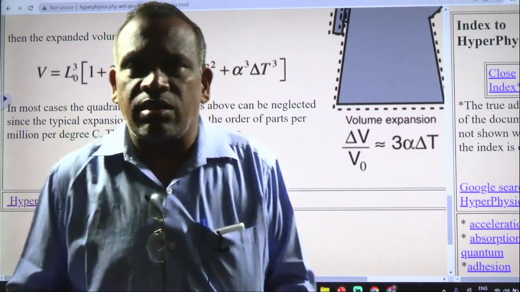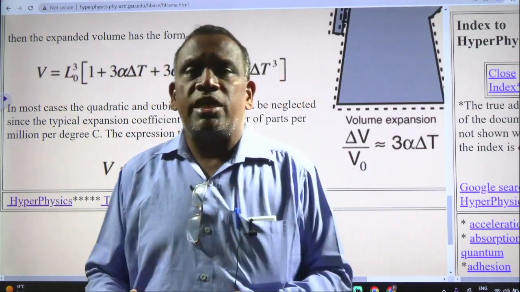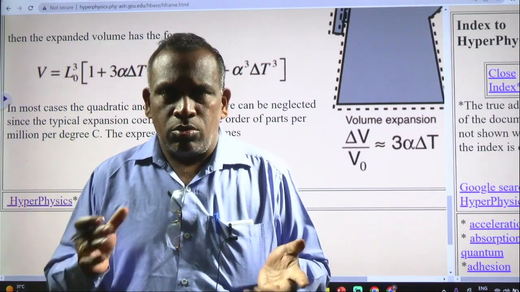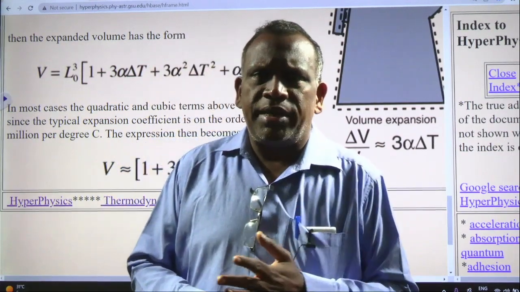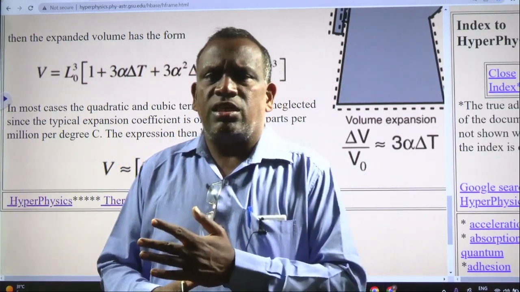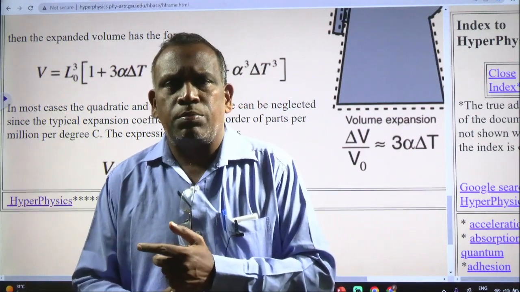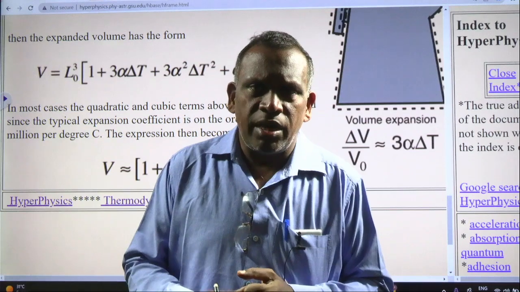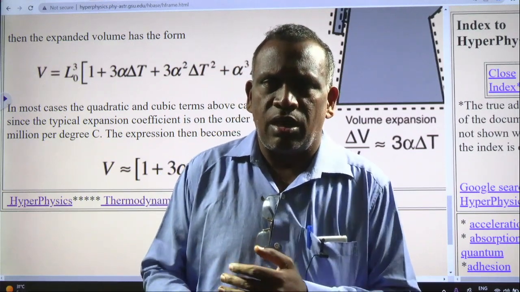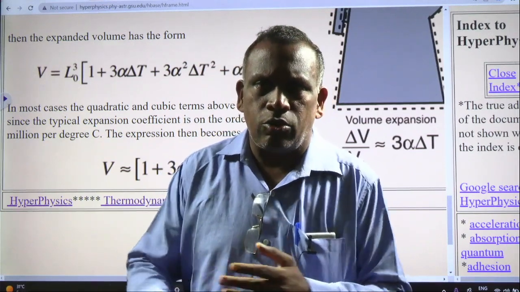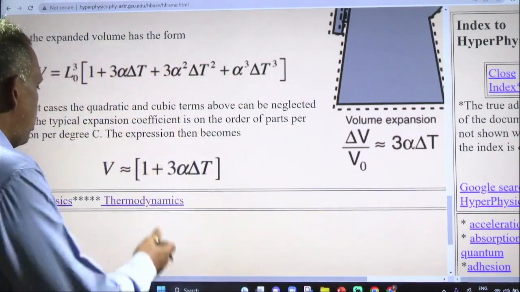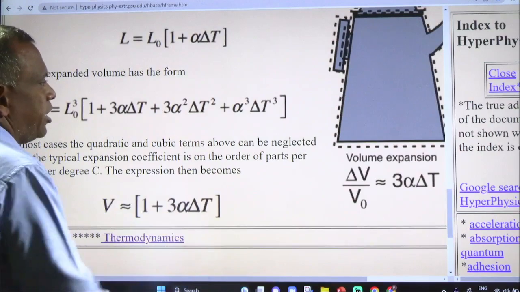That constant is called the coefficient of cubical expansion. So alpha, beta, gamma are the three constants. Alpha is the coefficient of linear expansion, beta is the coefficient of areal expansion, and gamma is the coefficient of cubical expansion. Alpha is to beta is to gamma is equal to 1 is to 2 is to 3. This is the volumetric expansion equation.